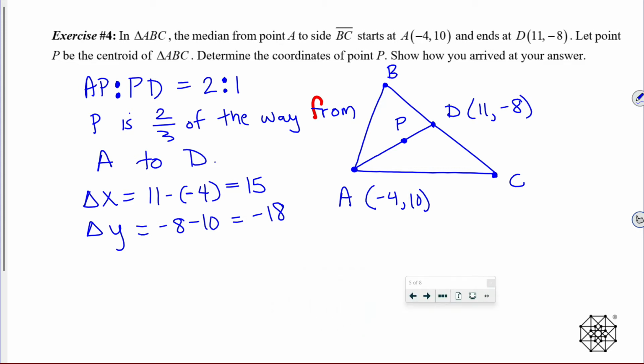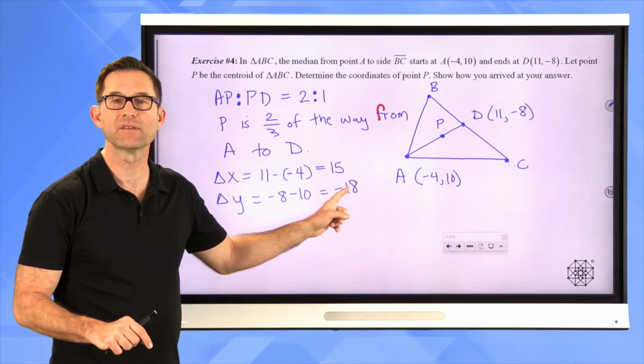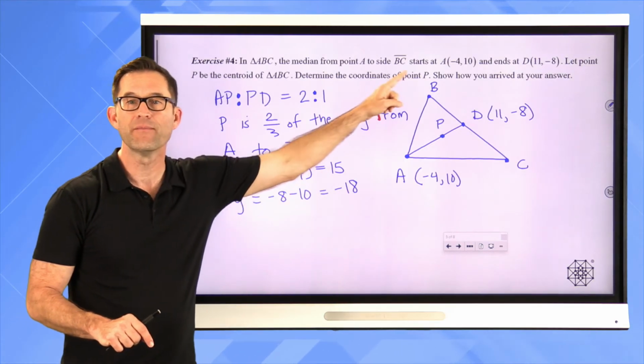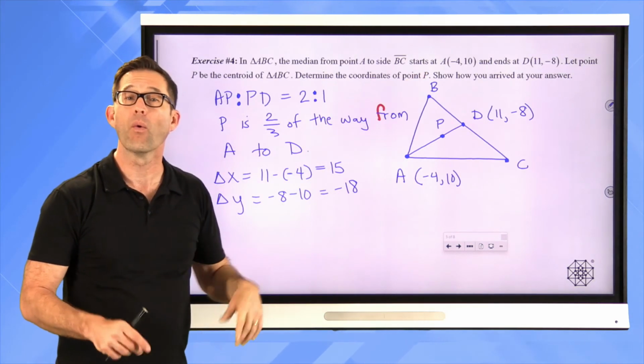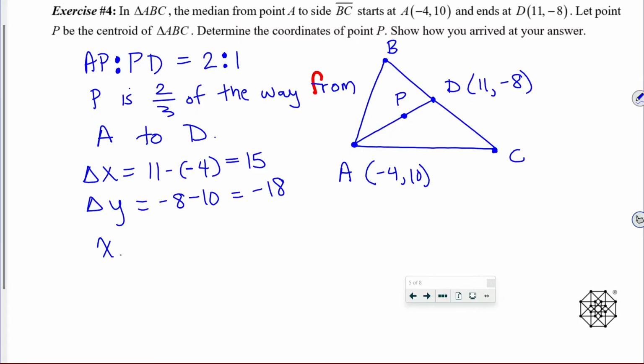And now I want to add 2/3 of those changes to point A in order to figure out where point P is. So the x of point P will be at -4 plus 2/3 of 15, which gives me -4 plus 10, or 6.